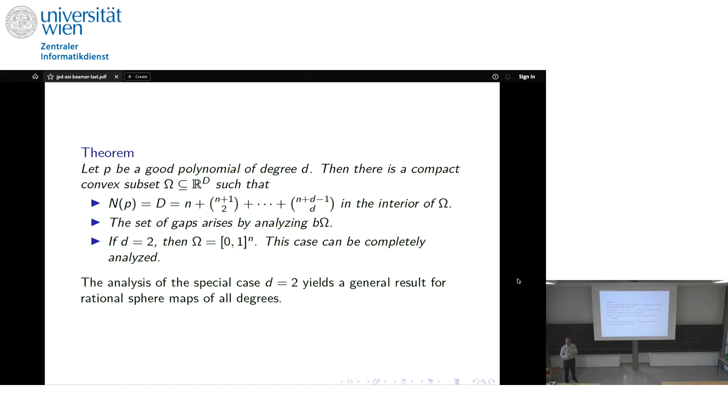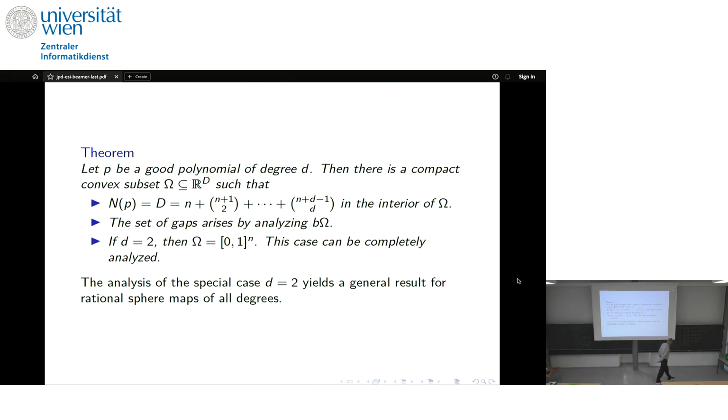So how do you describe the boundary of 0, 1 cross itself n times? You have to tell the person the number of coordinates that are equal to 1, the number of coordinates that are equal to 0, and the number of other coordinates, and analyze all those cases.